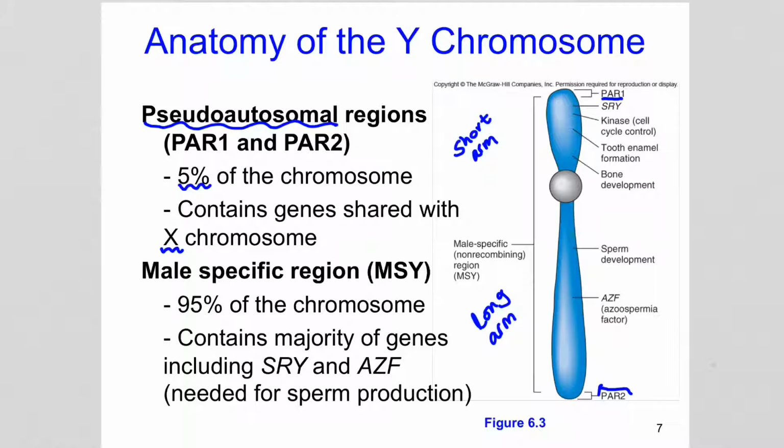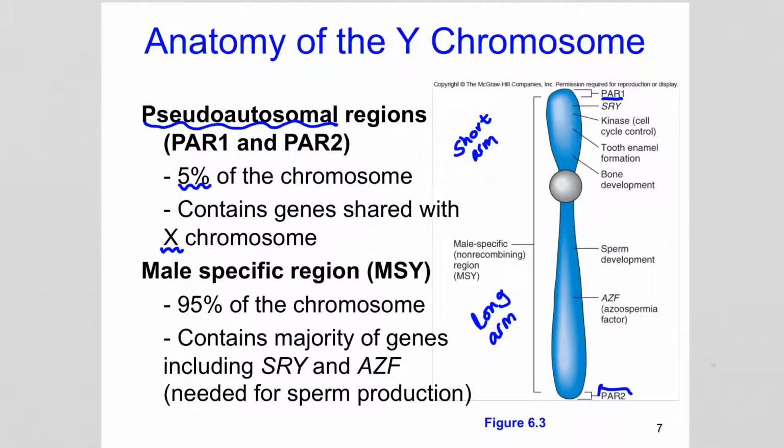So that's why the X and Y, even though they look different, are referred to as homologs, because they have homologous genes, granted just a few of them, but this enables them to cross over during prophase I of meiosis I and swap genes.